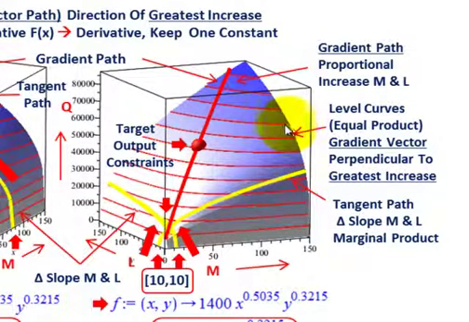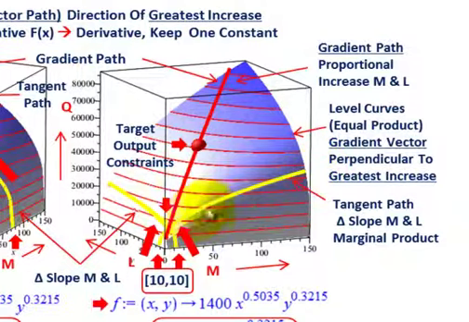And these other lines I'm showing, they call them level lines, plotted on our production function. Those are the level curves, or equal product lines, where you get equal product out if you follow those lines along. And the key is that the gradient vector has to be perpendicular to those level lines to get your greatest increase.